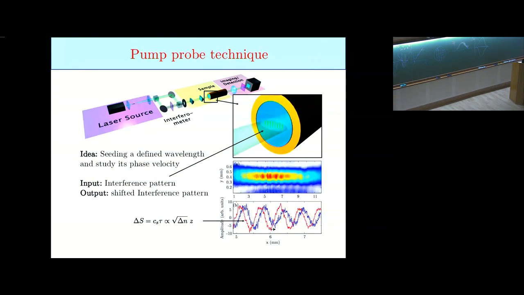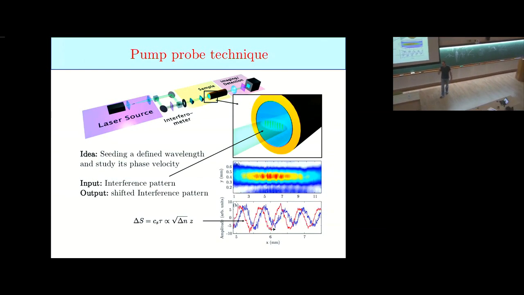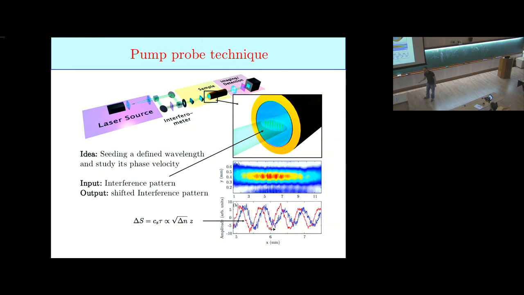The way you do this is you take this input pattern at very low intensity. It's just a linear medium, so it won't be propagating. So that's your reference wave. Essentially, it tells you where the wave is located at the input. Then you crank up the power, and you look at where the wave is at the output, okay?